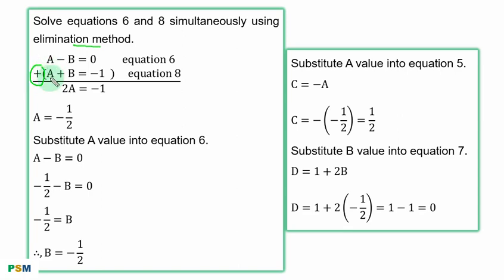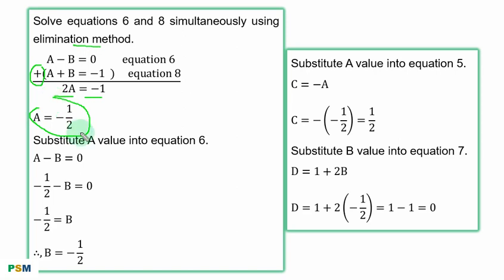So a plus a is 2a, minus b plus b is 0. 0 plus minus 1 is minus 1. Divide both sides by 2 in order to get a. So a is equal to minus 1 over 2.